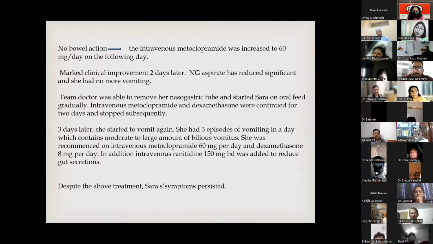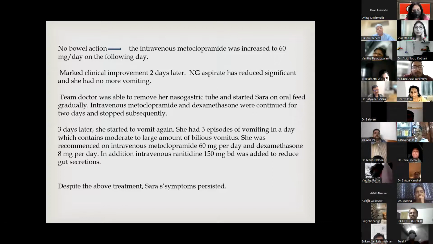She should have been put on regular laxatives, right? So all these could have been done. But what happened? It was stopped abruptly, for which she developed a recurrence. Now again, look at her dose of dexamethasone. She was given only 8 milligram, which is probably not enough to bring down sufficiently the peritumoral edema.